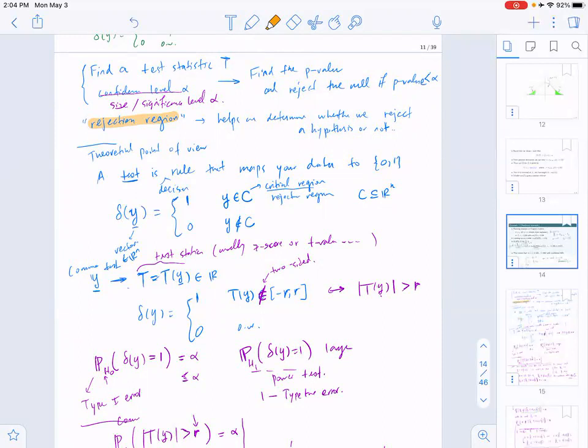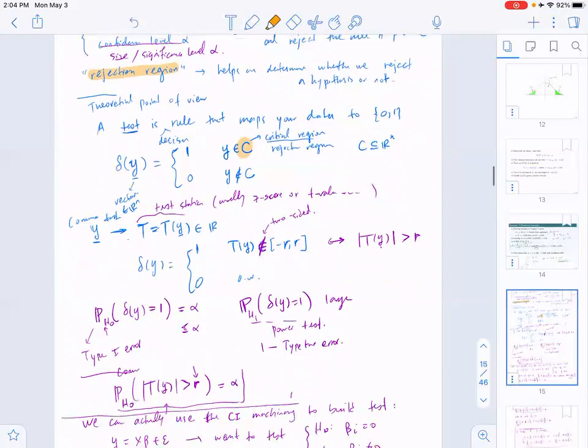That test produces, let's say, 1 or 0, depending on the value of y. There's a critical region, or rejection region, where if y is there, then you would accept the alternative or reject the null, and otherwise you stay with the null.